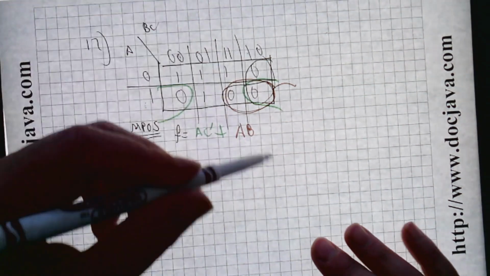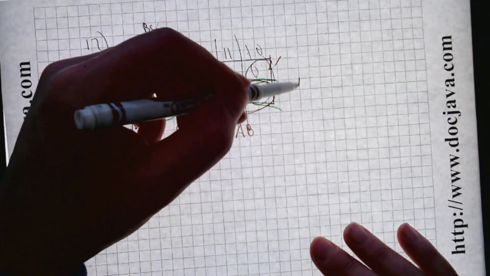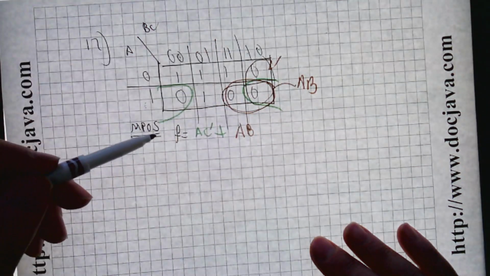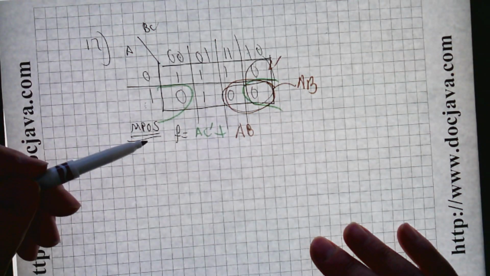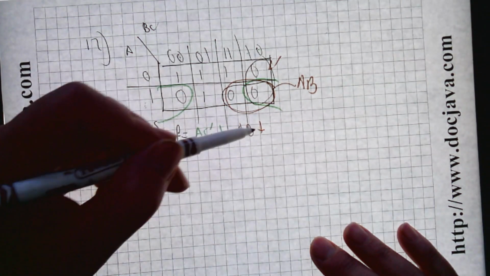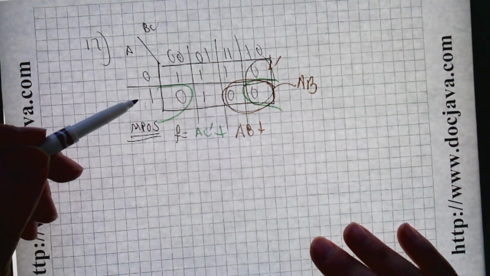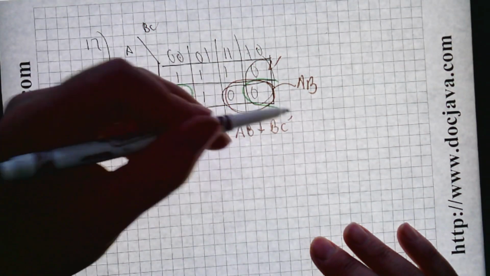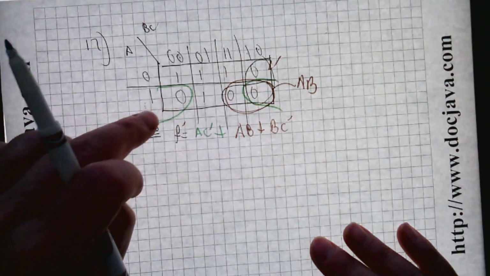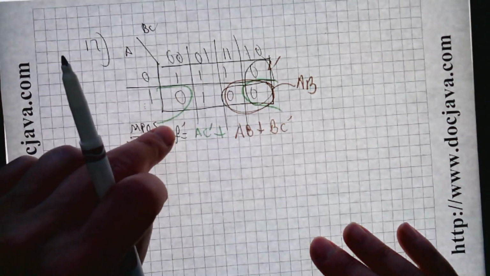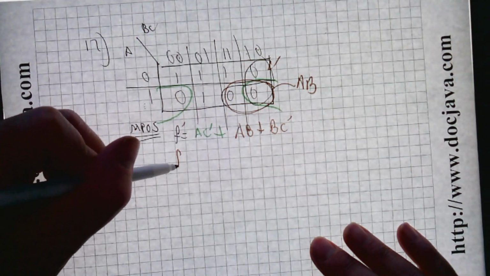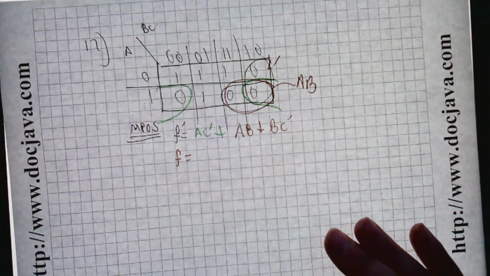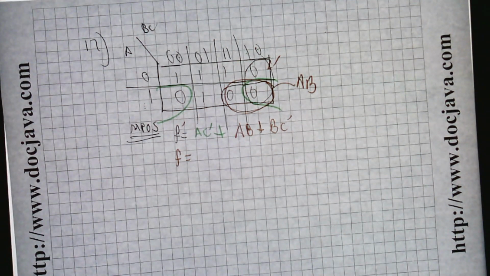And then what about the black loop? Yes, B, C prime. And that would be, since you've circled the zeros, F prime. But what I'd like to do is get F in minimum product of sums form. How do I do that?